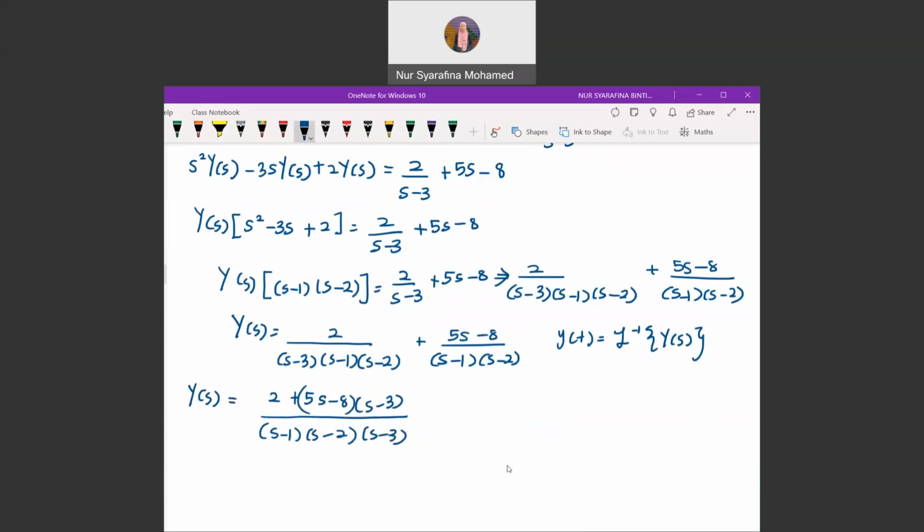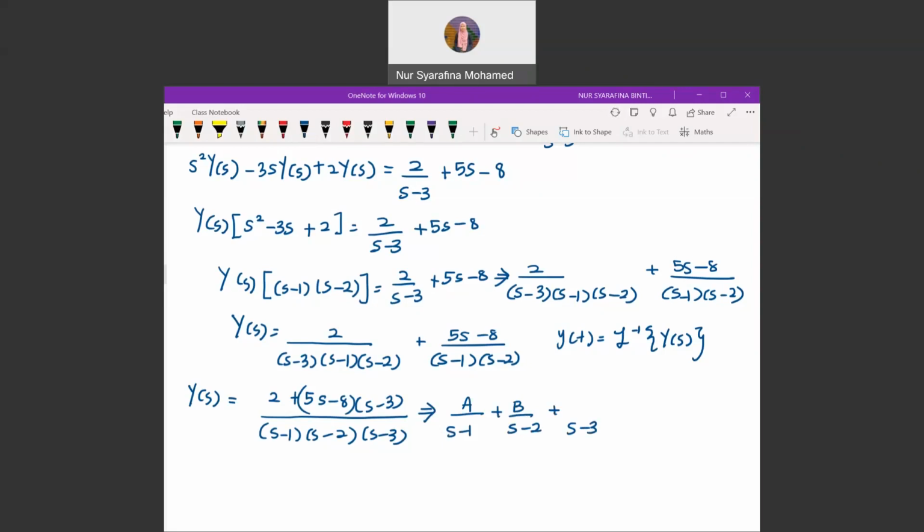Then we can decompose this into partial fractions, where we have single linear factors, so what you need to do is find the values of A, B, and C.